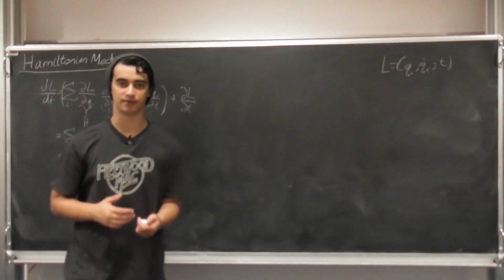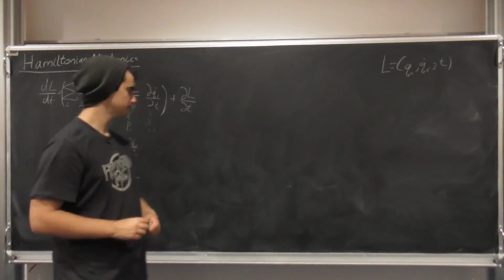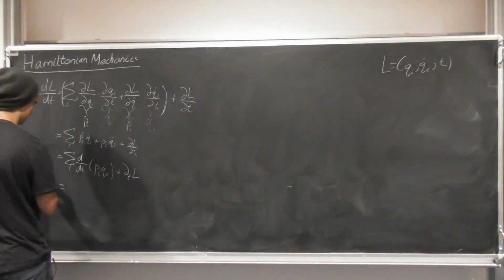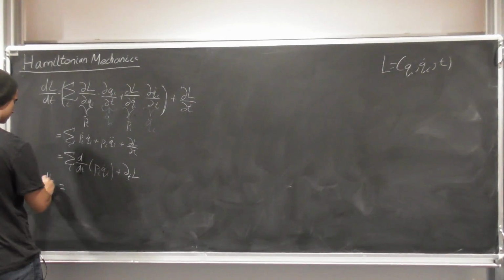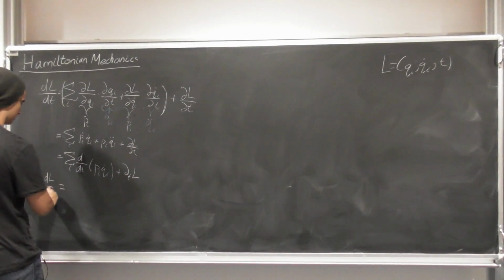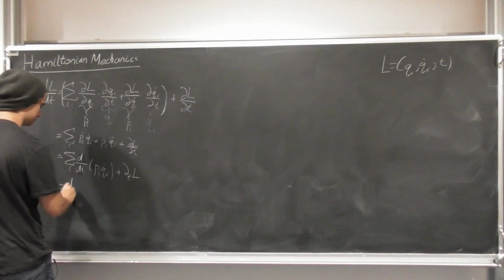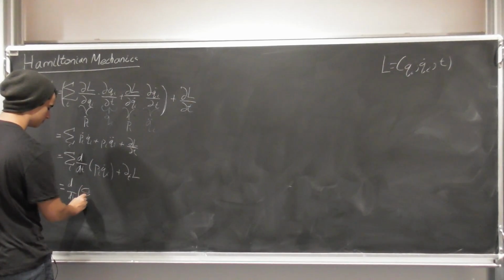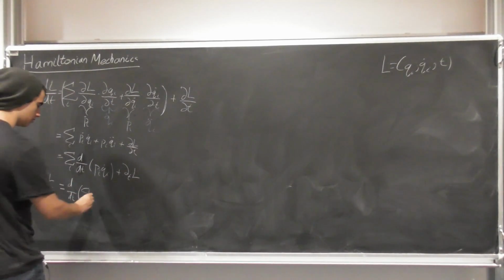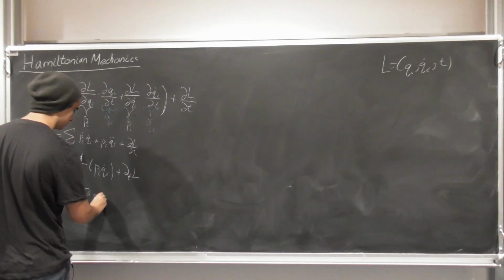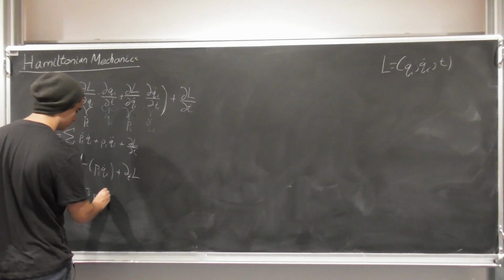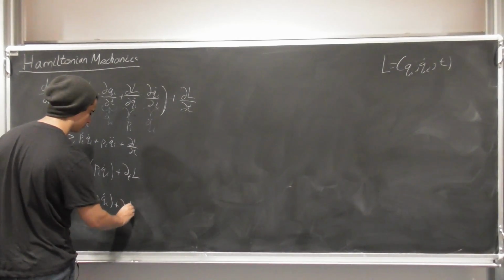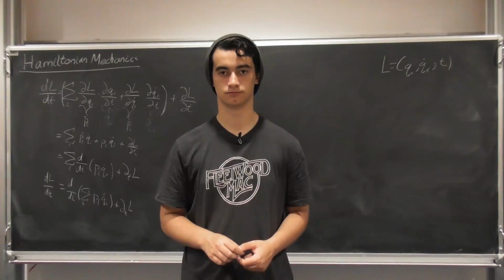And again, assuming everything is well behaved and continuous, we can swap these sums and derivatives around. And so we'll get that the derivative of the Lagrangian with respect to time is the derivative of the sum over i of p sub i times q sub i dot, plus the partial derivative of the Lagrangian with respect to time.